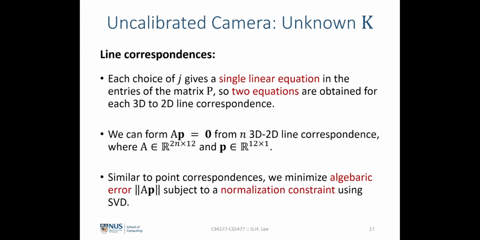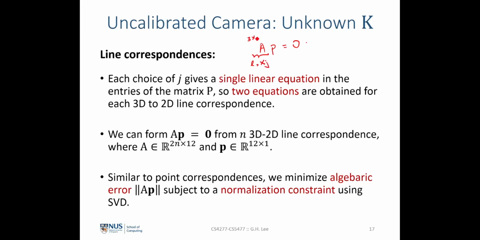And we can also verify this after we multiply it out. We will get this equation A P equals 0, where A here is simply made out of L, the 2D lines, as well as the 3D points xj, any one of the 3D points.